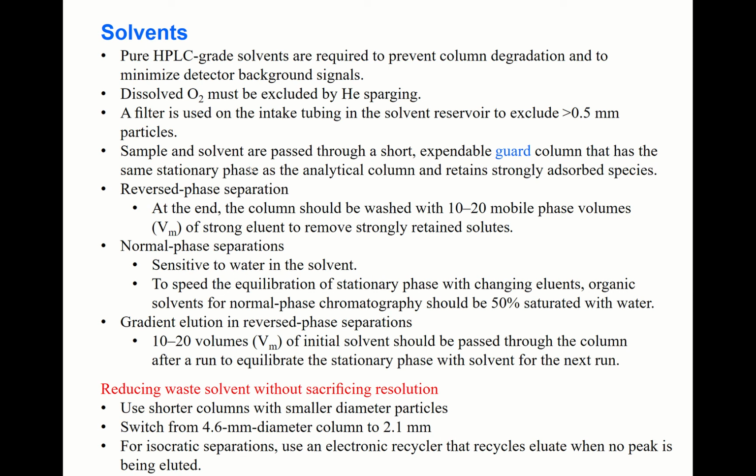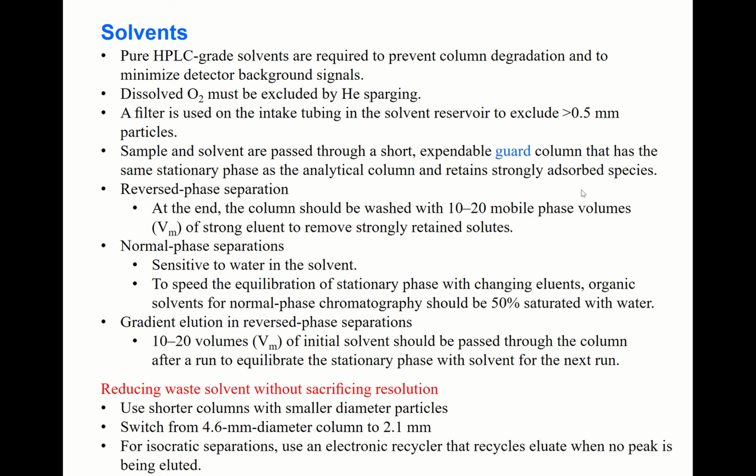Sample and solvent are passed through a short expendable guard column. We already learned that: a guard column is necessary to protect the main column. The guard column has the same stationary phase as the analytical column and retains strongly adsorbed species.